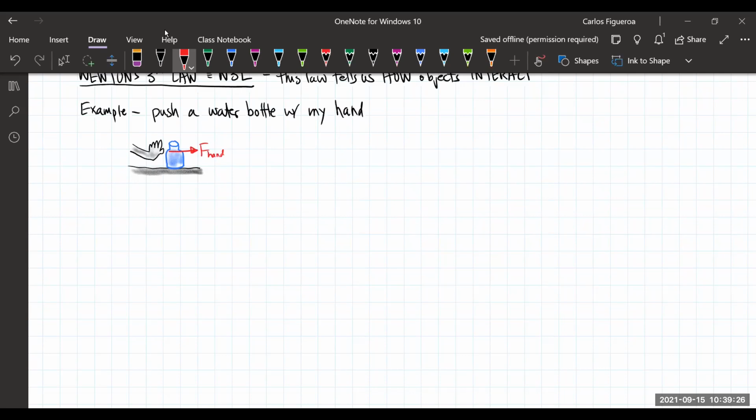Now I want to talk about the interaction between my hand and the bottle. So what do I know here? There are two interacting objects. What are those two things? Well, one has to be my hand, and the other one has to be the water bottle.